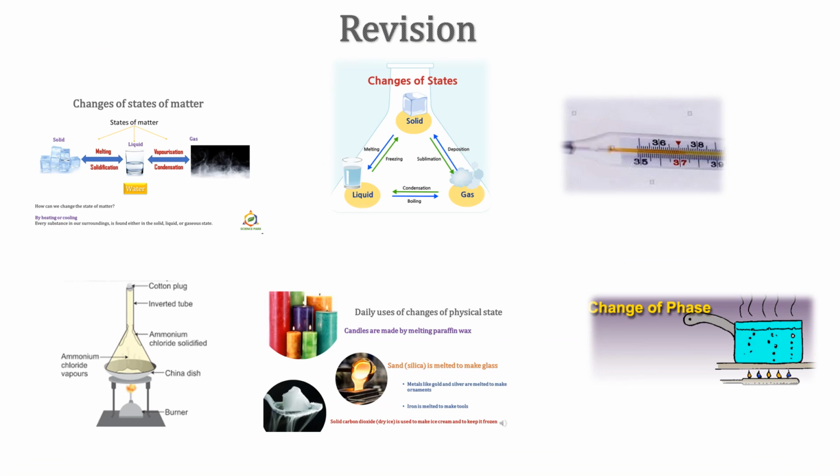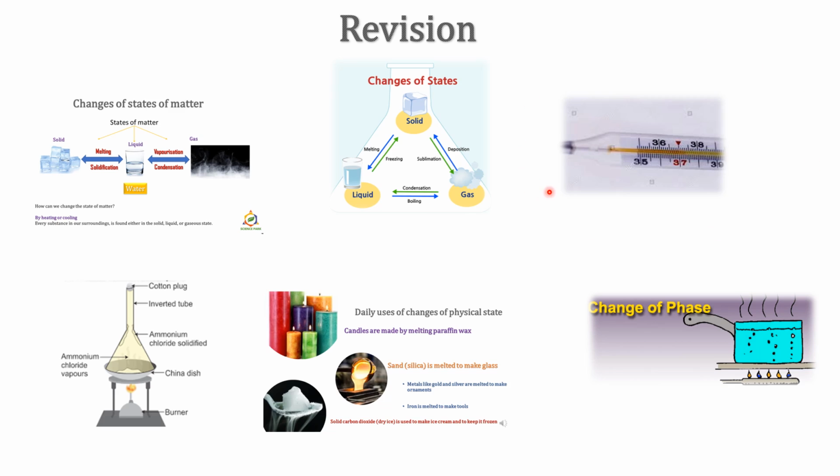Let's revisit our last video, where we first saw how the state of matter changes and how states are interconvertible. In case of water, we saw all that. Then we saw the cycle of changes of states and the processes involved in it. Now, how do we measure the temperature in any change?